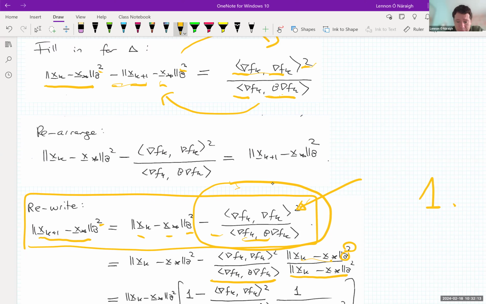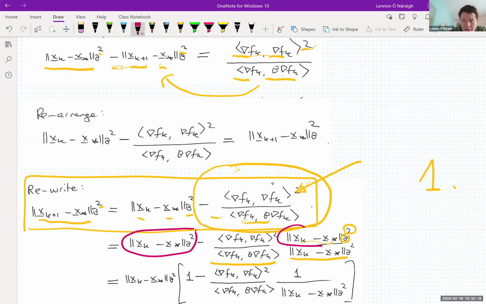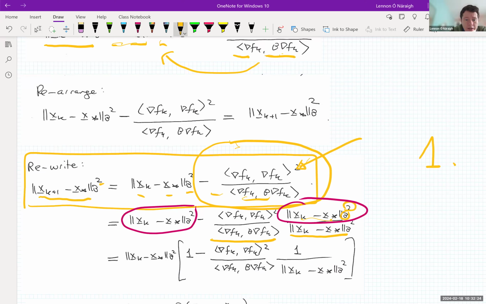So that looks like nothing, but there's a strategy here, which is then to identify a common factor and to take that outside. So the common factor now is xk minus x star in the B norm squared into 1 minus grad f scalar product with grad f squared over grad f scalar product with B grad f times 1 over the B norm of xk minus x star squared.